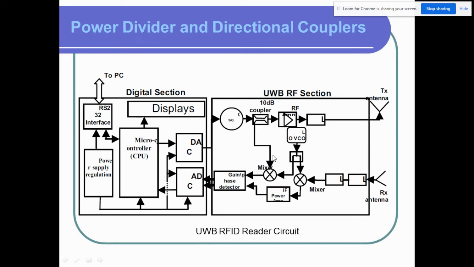With the directional coupler we can couple and we can throw, and there is an isolation port. We don't need that now because we have two different antennas. If it were a single antenna, then we would use this isolation port for our output. Then this directional coupler with this power divider, we again divide and put into two different mixers, and then we compare our intermediate signal for our gain and phase detection.